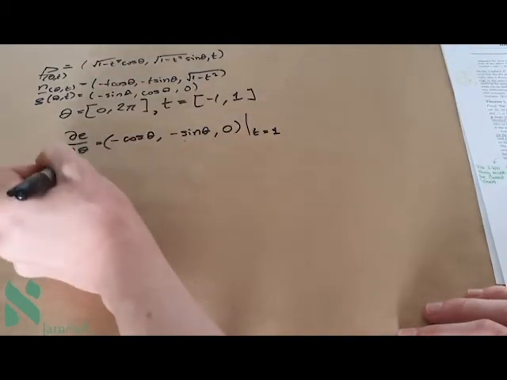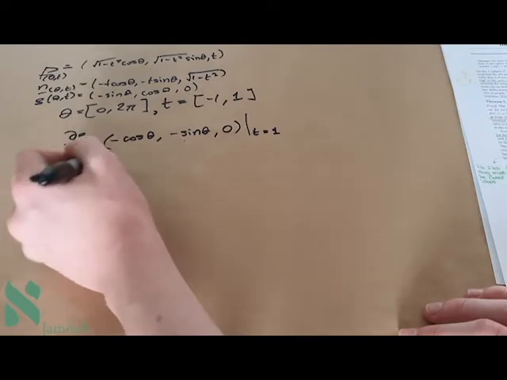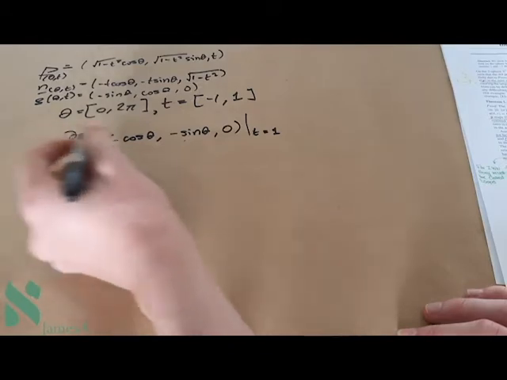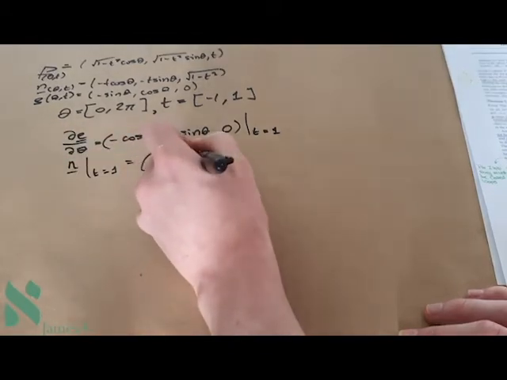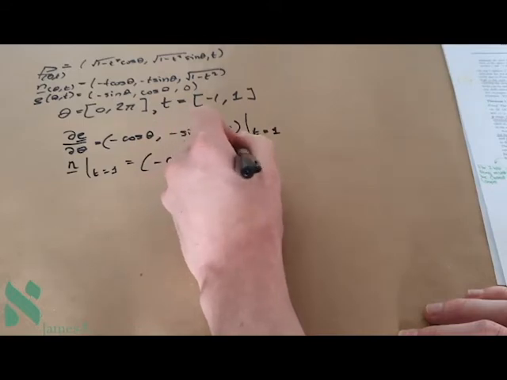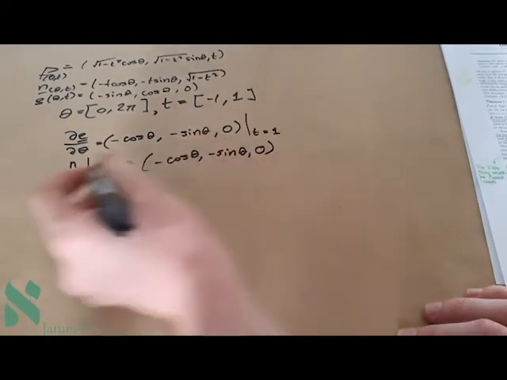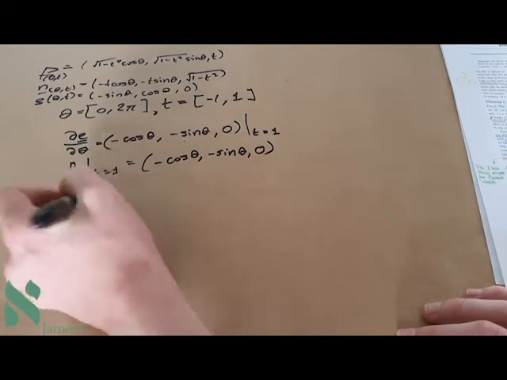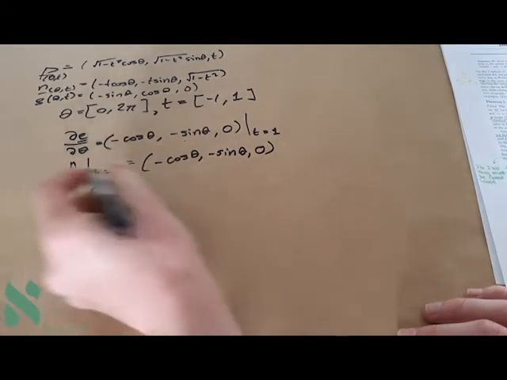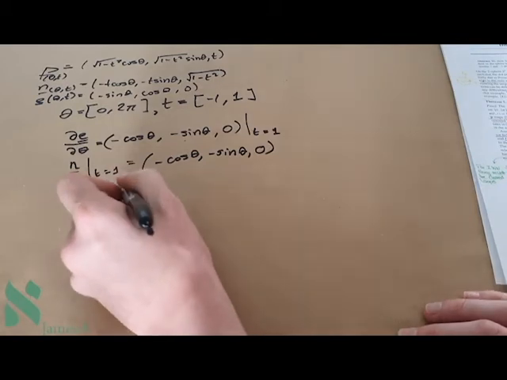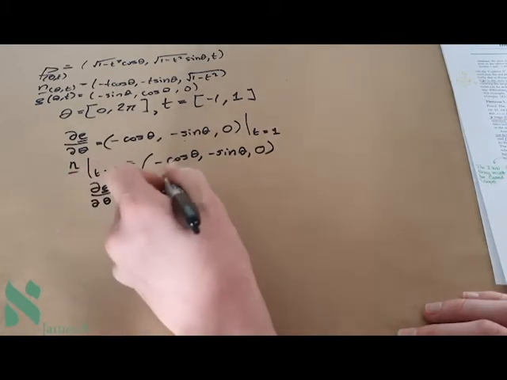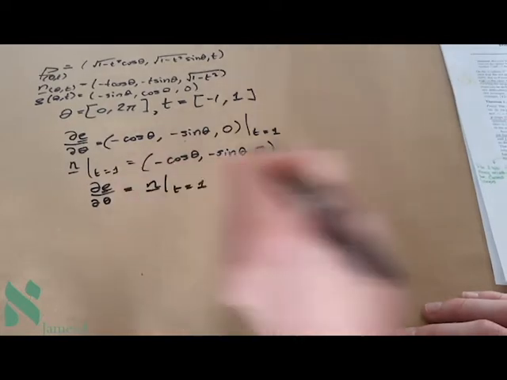What if we evaluate N at t is 1? We get (-cos theta, -sin theta, 0). So we can say that the partial derivative of E with respect to theta is equal to N at t is 1.